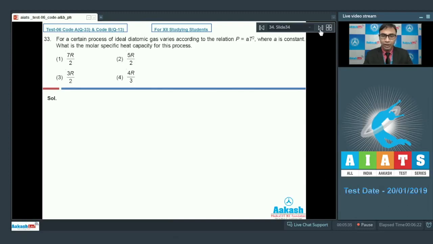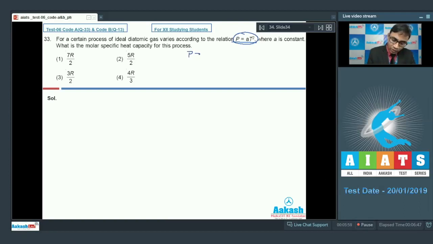In question number 33, it says that for a certain process of an ideal diatomic gas, the pressure varies according to the relation P is equal to AT square, where A is a constant. What is the molar specific heat capacity for this process? So first, since the pressure and temperature relation is given, we have to convert this into a pressure and volume relationship.